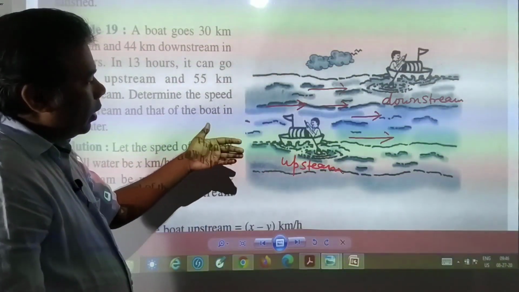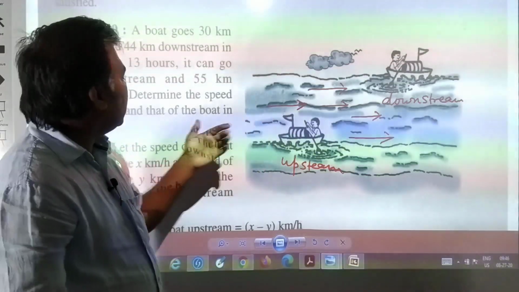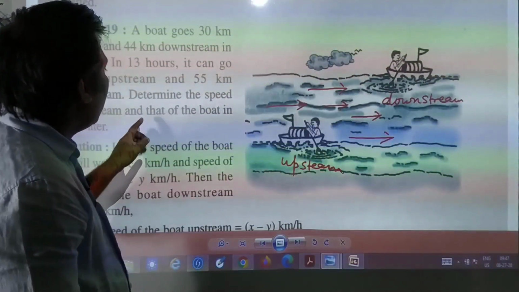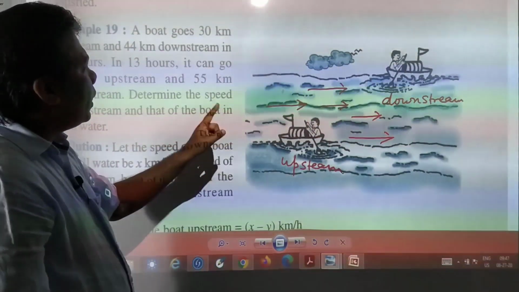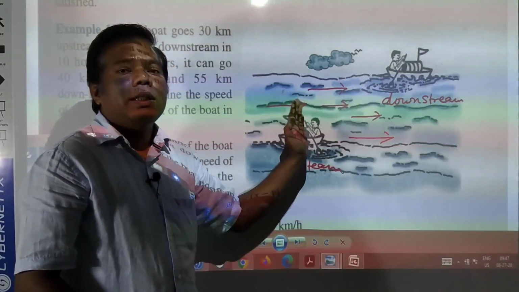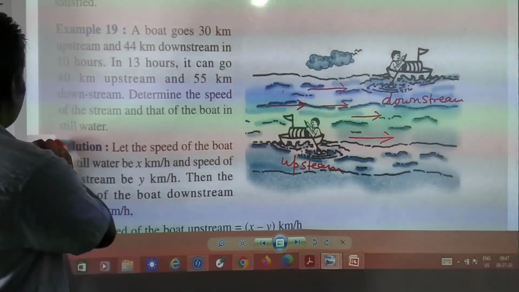So you need to find out the speed of the stream, what speed is there of this flow of water, and what is the speed of the boat when flow of water is not there, when still water is there. That is required to be found out. So how it has been done, you see.